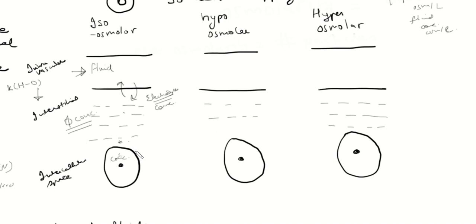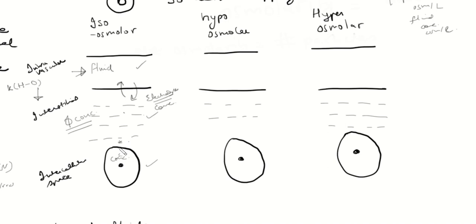So here's the fun concept. The concentration of intravascular is the same as the concentration of interstitial, is the same as the concentration of intracellular. Because electrolytes move, water moves, and water moves between here and here. But electrolytes don't move freely.